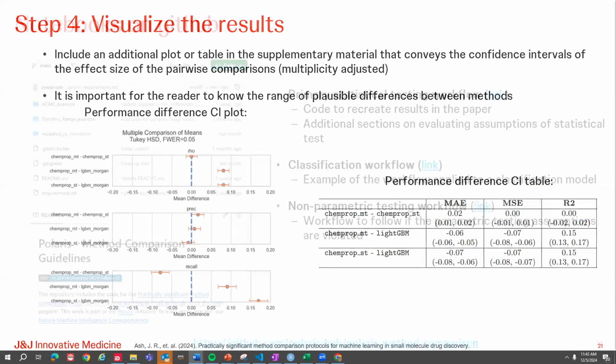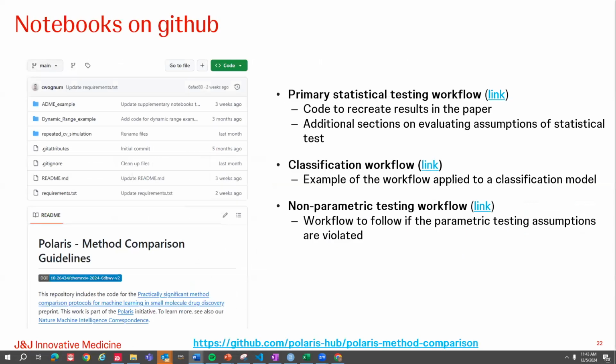So I'm going to go a little bit faster here to make sure I get questions in. But we have code on GitHub. We have a number of workflows demonstrating both the example in the paper and then other examples of classification and non-parametric testing.